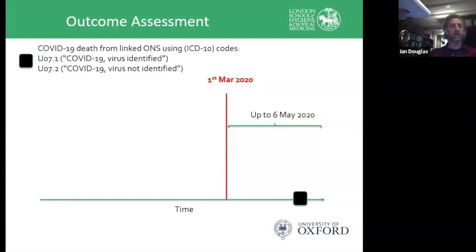So anybody in our study population who had either of these codes between the 1st of March 2020 up to the 6th of May 2020 would be classified as having died of COVID during our study follow-up using these linked data.